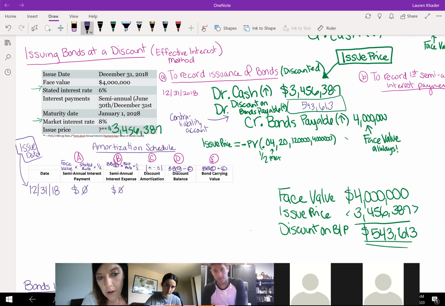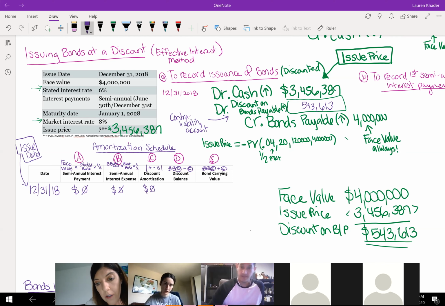The discount balance, and we'll get into the calculations in a second, is the initial discount offered, the difference between the issue price and face value, which was 543,613.